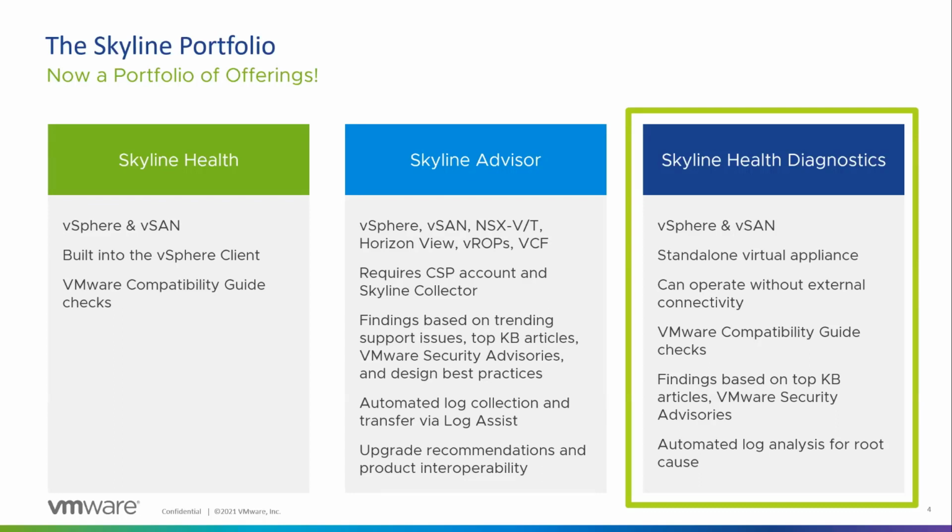It does those VMware compatibility guide checks. You get some findings that are based on top knowledge base articles and VMware security advisories. But this last point here at the bottom is really a huge advantage that is not available in either of the other two portions of Skyline today. And this is automated log analysis for root cause.